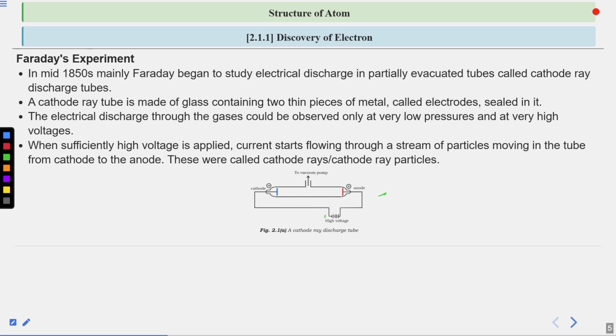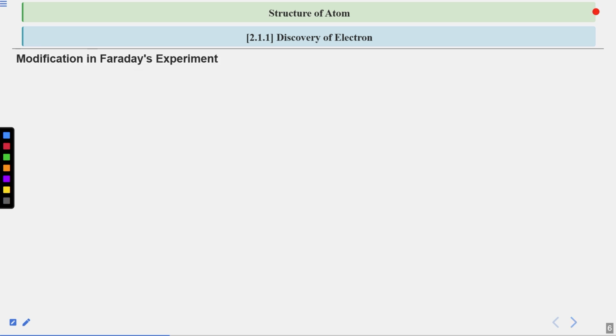Now later on, another scientist tried to study this current flow, whose name was J.J. Thomson. So what did Faraday do? He did a small modification in his experiment. What was that modification?